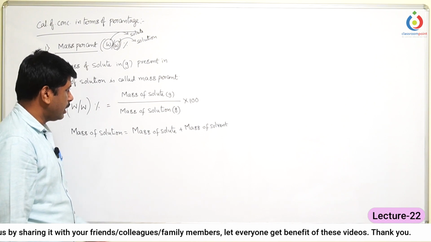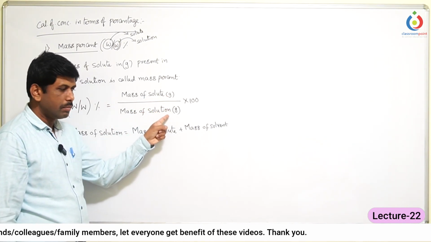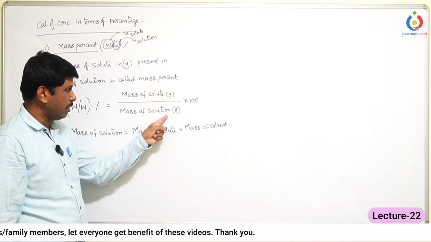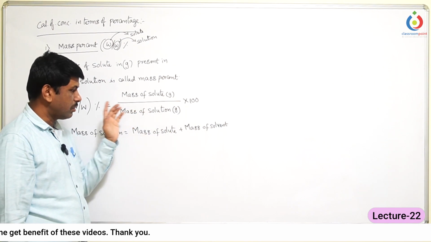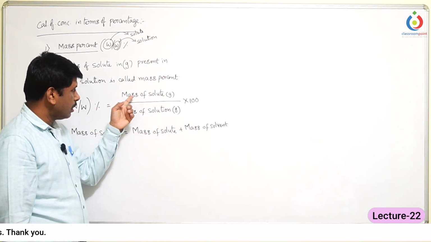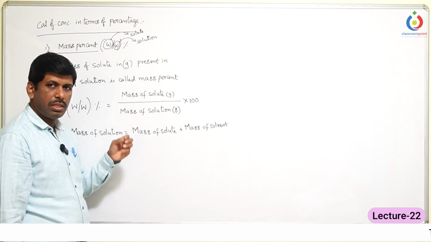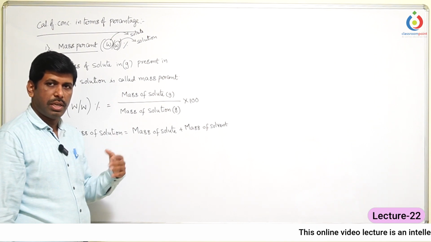One more thing here: both terms are in grams, mass of the solute and mass of the solution. So grams cancel out the units. That's why mass percent doesn't have any units. And since mass terms are involved, mass is independent of the temperature. Even if temperature changes, mass does not change.